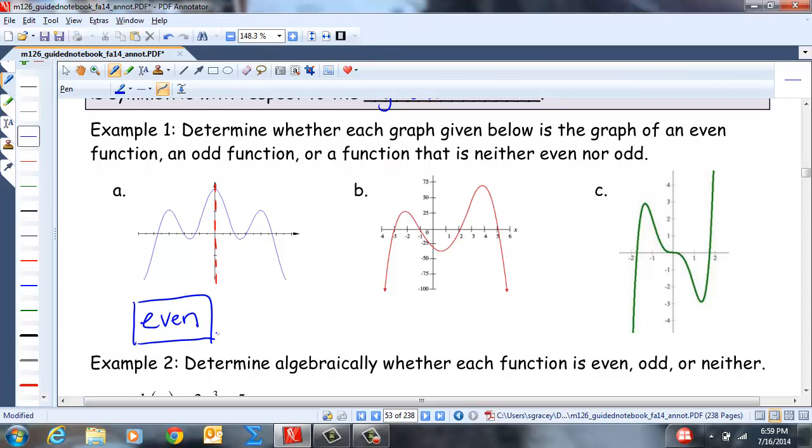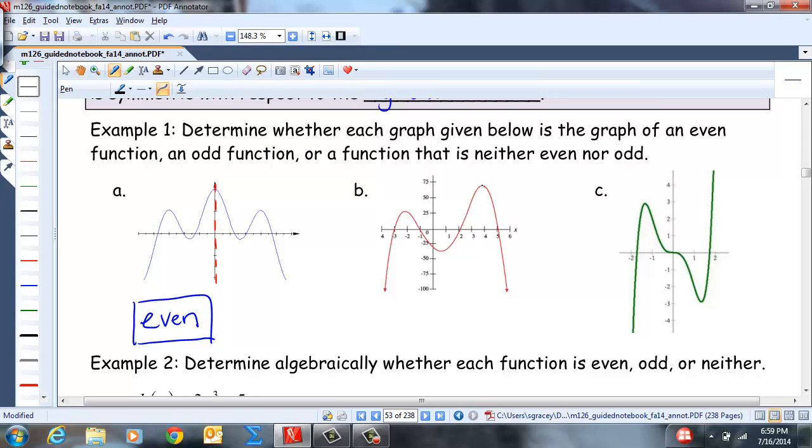Okay, let's look at B. First, let's see if we have symmetry with respect to the y-axis. When I look at the y-axis here, and if I think about folding, this graph does not have symmetry about the y-axis. Now looking at the origin, if you replace x with negative x and y with negative y, you're not going to get the same graph back out. You can pick really any point.